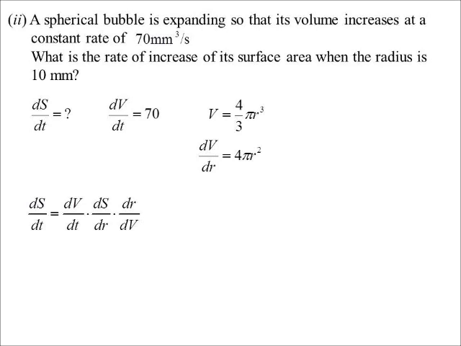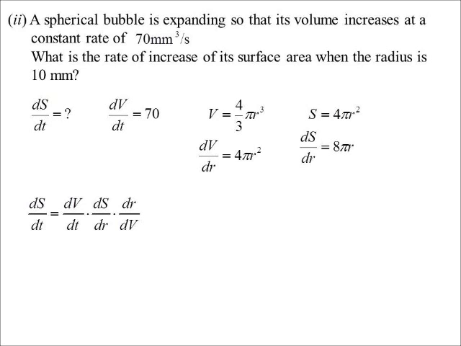Volume is 4/3 pi r cubed, so dV/dr is 4 pi r squared. You may or may not realise it, but there's the link, because 4 pi r squared is, of course, surface area. So dV/dr actually equals the surface area. But anyway, let's find dS/dr.